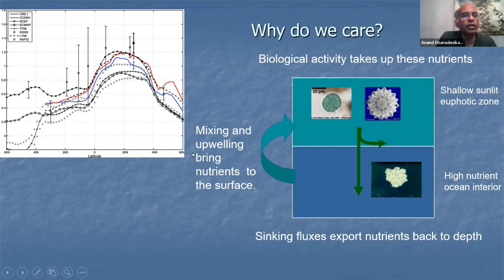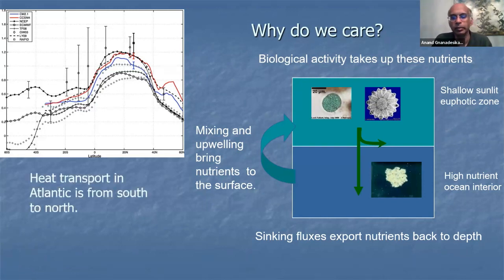This shows various estimates for the transport of heat in the Atlantic. What I want you to notice is that in both the southern hemisphere and the northern hemisphere, that transport is northward. So what this means is that the ocean is moving heat from the southern hemisphere to the northern hemisphere. We'll see some of the effects of that in a little bit.